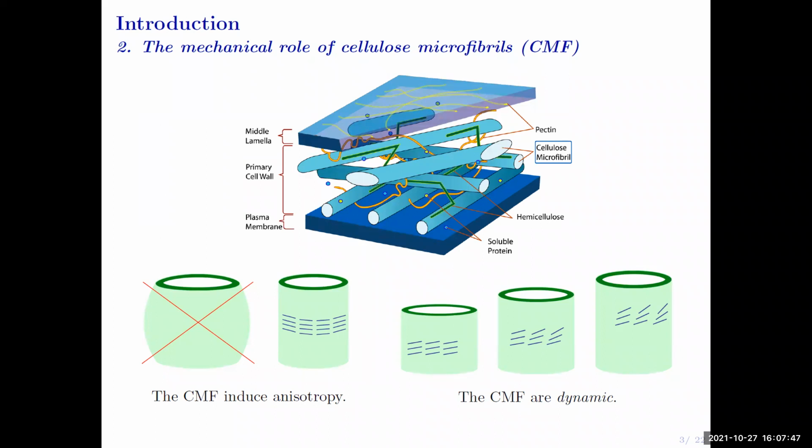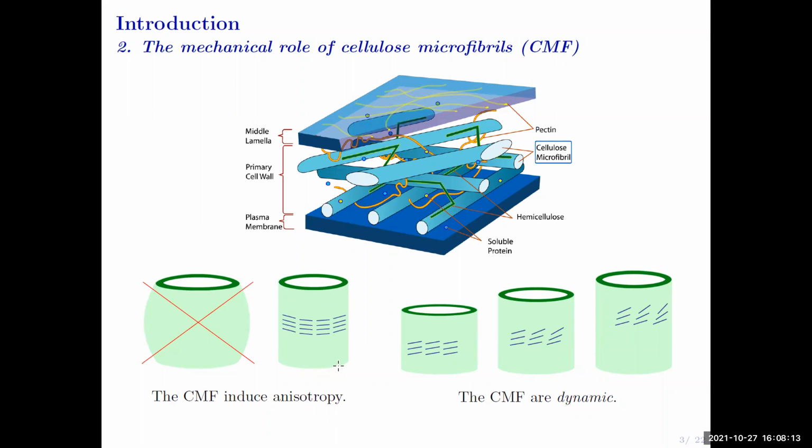It is known that the CMF molecules, which you can think of as inextensible fibers, give strength to the cell wall. They make sure that the cell doesn't just bulge out like a balloon under the turgor pressure, and so they give the cell this growth anisotropy in one direction.